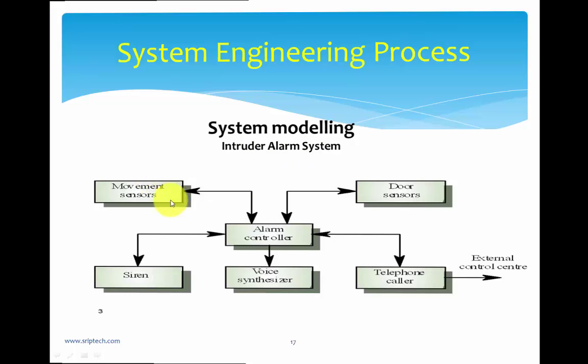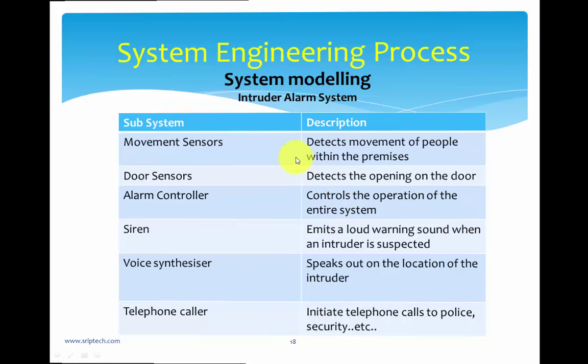You have different subsystems here: a movement sensor, a door sensor, a siren, a voice synthesizer, and a telephone caller, which is connected to a control center. Apart from the block diagram, where you have a number of subsystems and the interactions between them, we also represent in the form of a table what each subsystem is doing and a brief description of it.